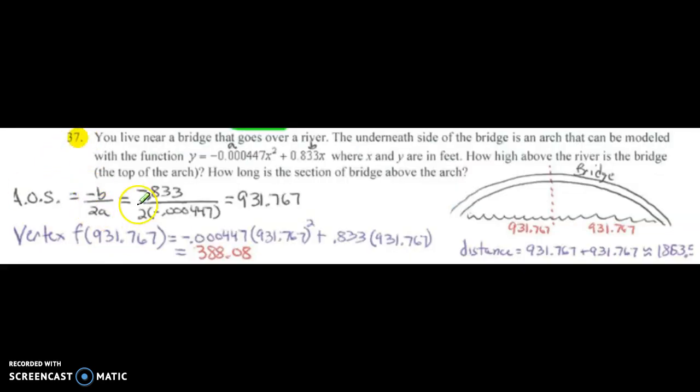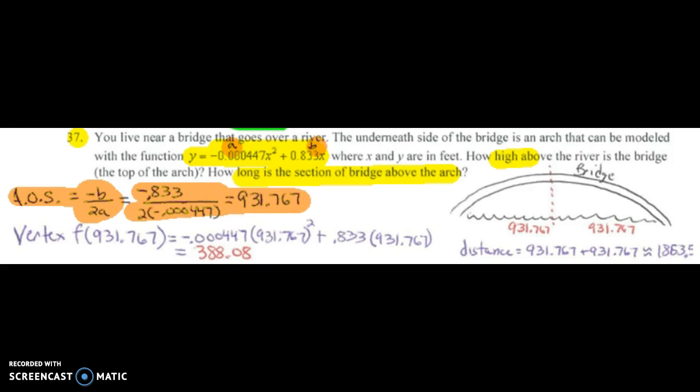Problem 37. They give us a formula for a bridge. So here is my formula. And they want to know how high it is above the river. And they want to know how long the section is. So how high it is, I need to figure out the axis of symmetry. So I calculate, here's my A value, here's my B value. I plug those in.